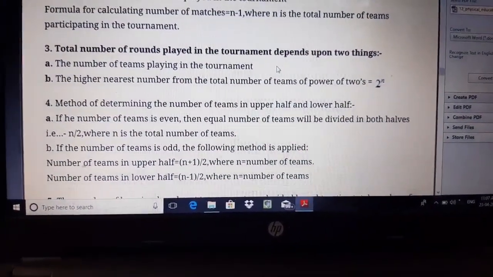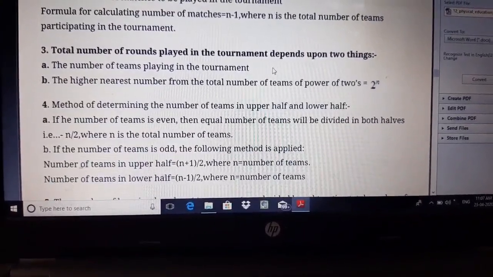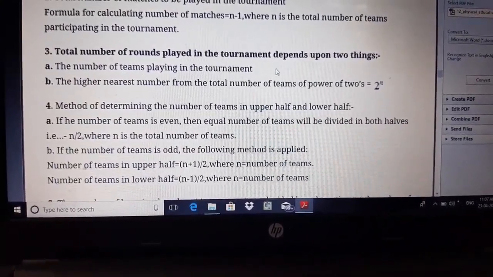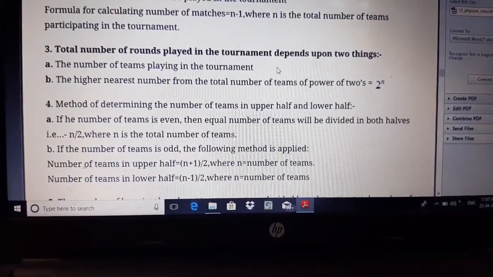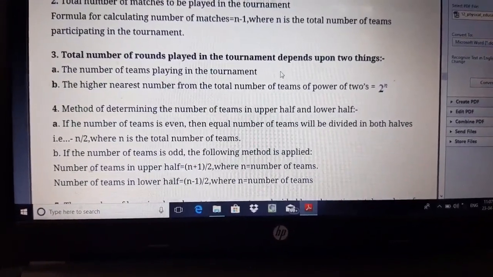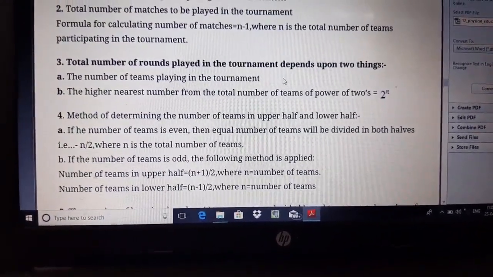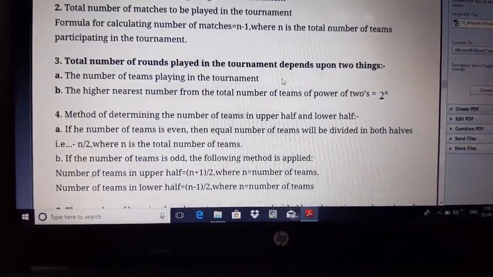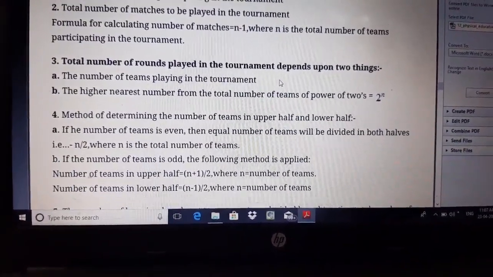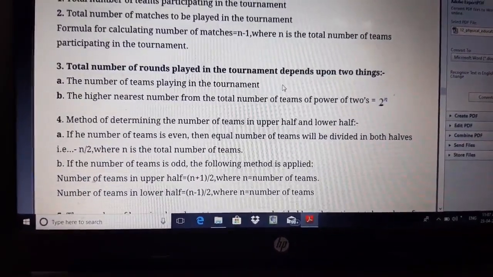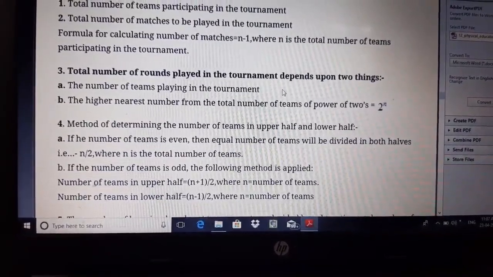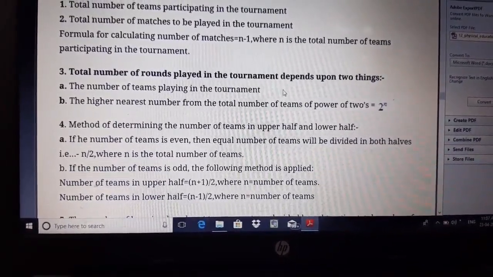The formula for the upper half is n plus 1 upon 2. As I told you, n is always showing us the number of teams. So for example, it is 11. So 11 plus 1 upon 2 gives you 12 upon 2, that gives you 6.